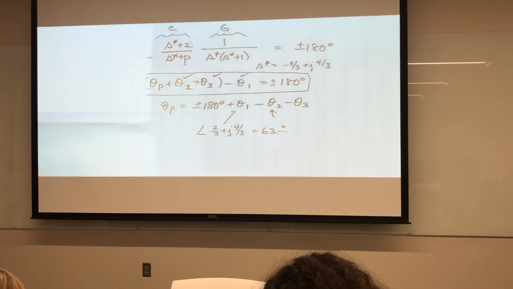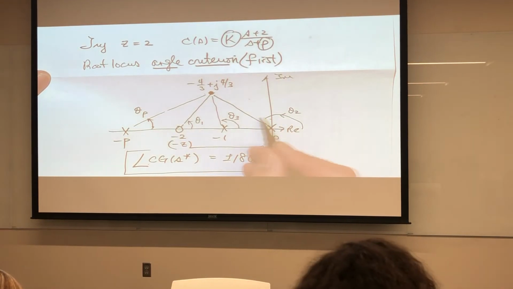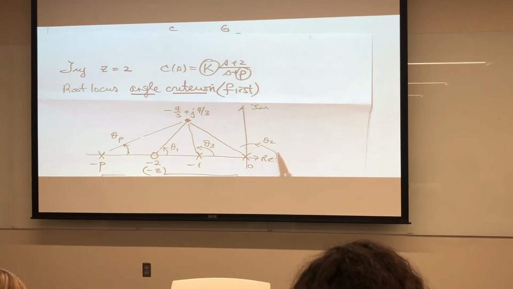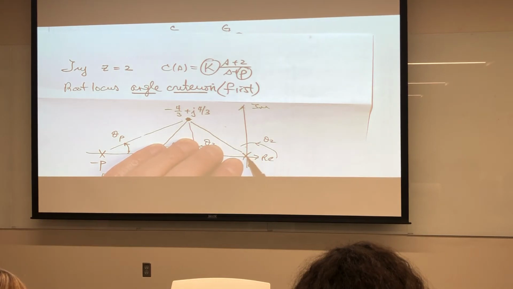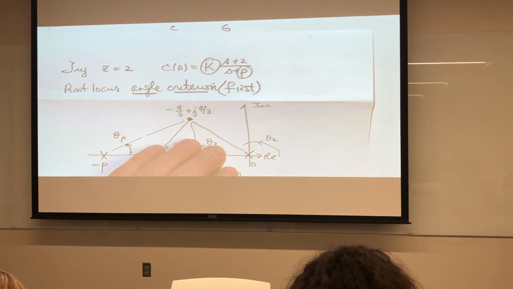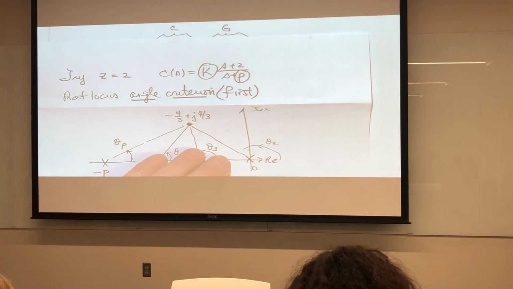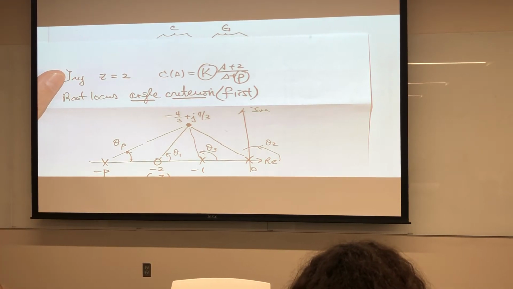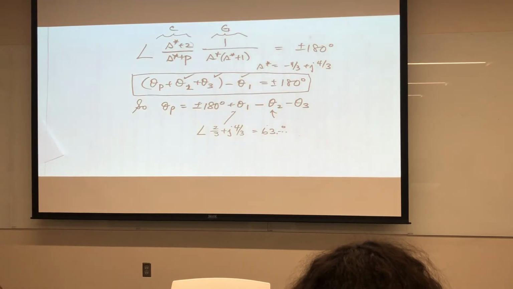Theta 2 is going to be this angle. It's this ray, starting from the origin. Negative 4 plus j4. What does your calculator say for negative 4 plus j4? Did somebody say 135?